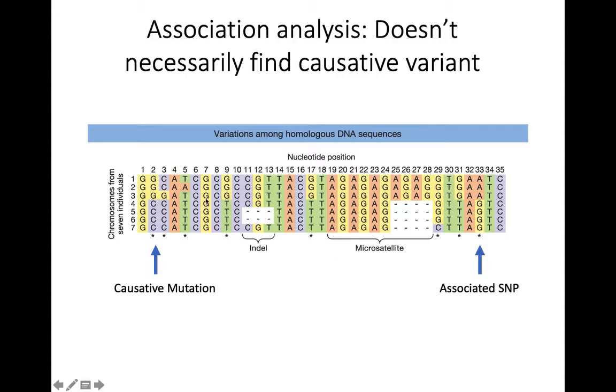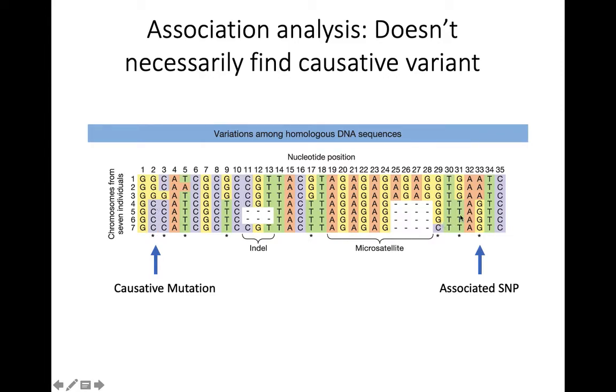So for example, in a SNP genotyping assay, which is DNA sequence along a region of the genome, one might find that a SNP here having a G nucleotide as opposed to an A might lead to increased risk, say, of heart disease. It doesn't mean that this G nucleotide causes heart disease. What it means is that individuals that have that G nucleotide have an increased risk of heart disease. And if one looks further down, one could see that the causative mutation may be somewhere else.